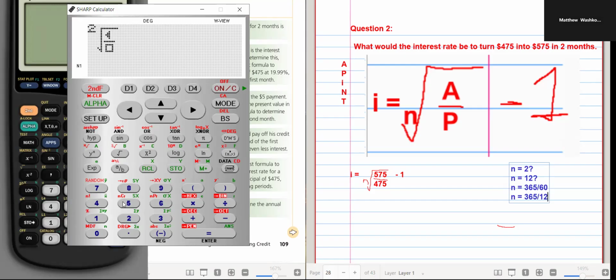So this is 575 subtract 475. So I divided by it, minus 1. So for this one, it's saying that your interest rate, remember, it's not 0.1%. You've got to move the decimal place. It's a 10% interest rate. Maybe.